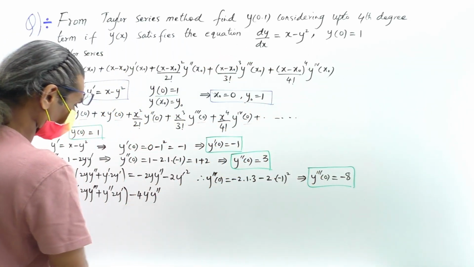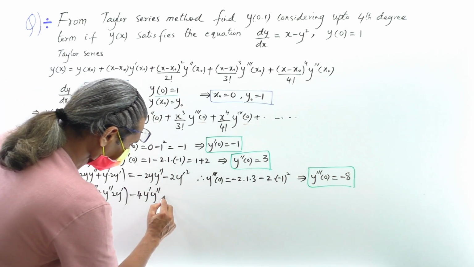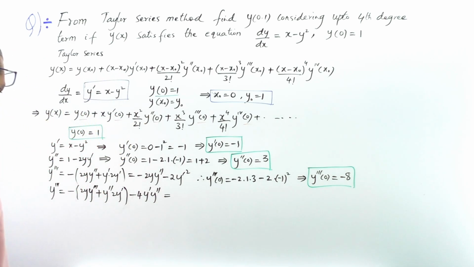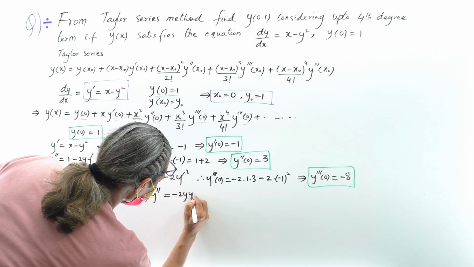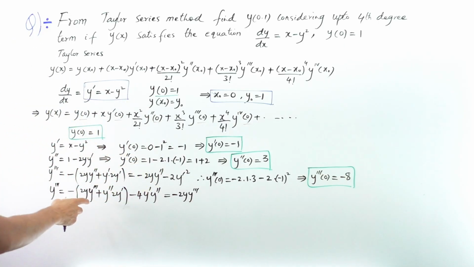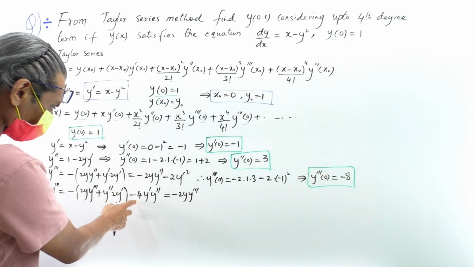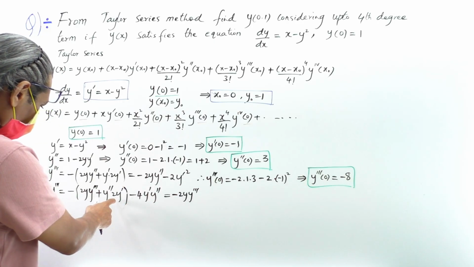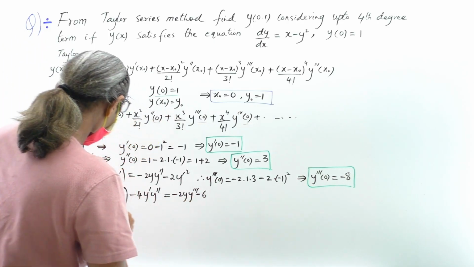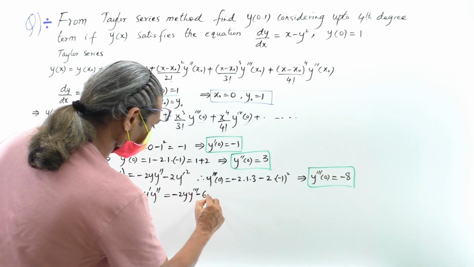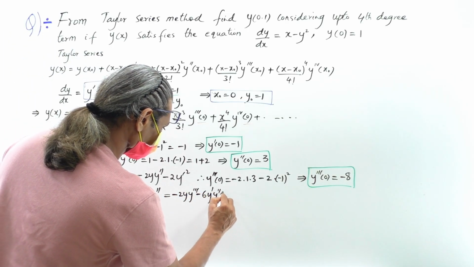Therefore, this will be again equal to, now let's simplify this. See here, minus 2y into y triple dash, and then minus 2y dash y double dash, and here minus 4y dash y double dash, so minus 2 minus 4 is minus 6 y dash y double dash.